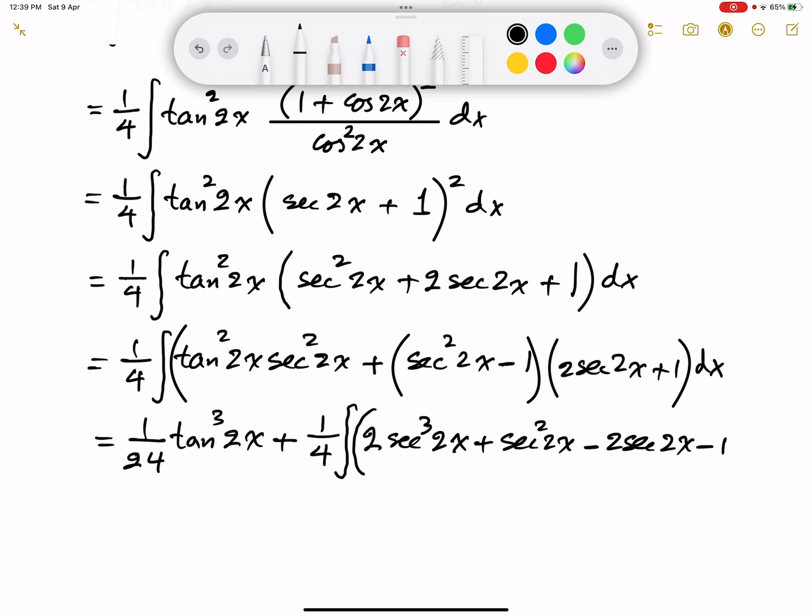I will put this between 2 parentheses, dx.